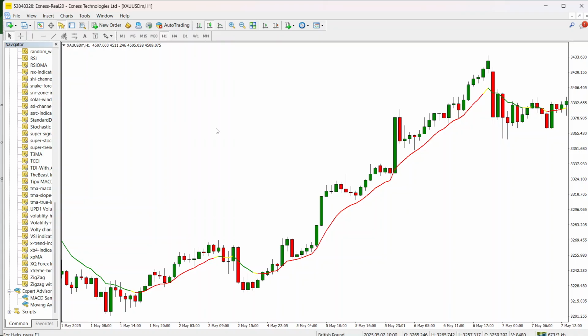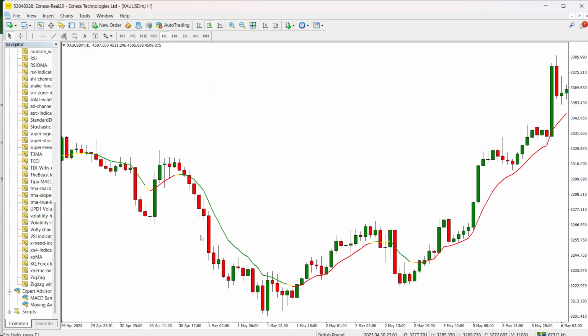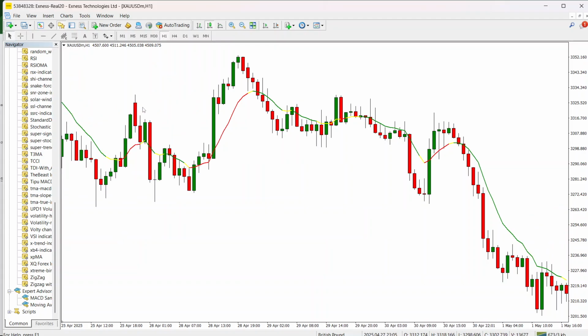On the chart, the XPMA indicator typically displays as a line or series of lines that follows price action, adapting to market movement to show trend direction and strength. In our version, it's just one line, as you can see on the chart.